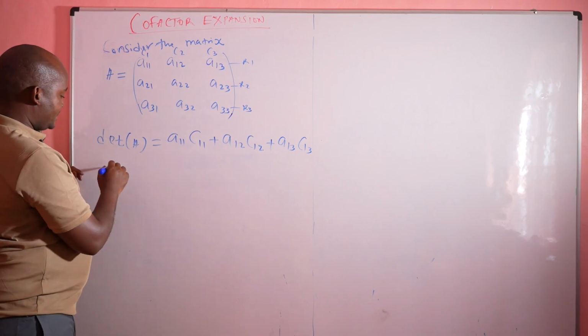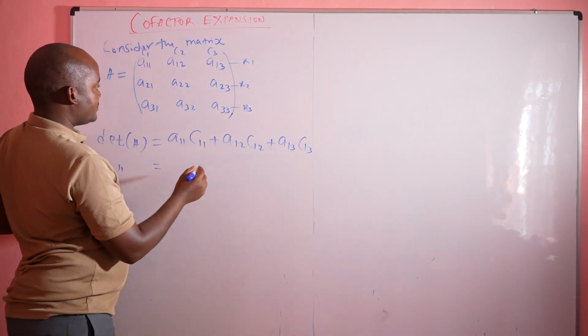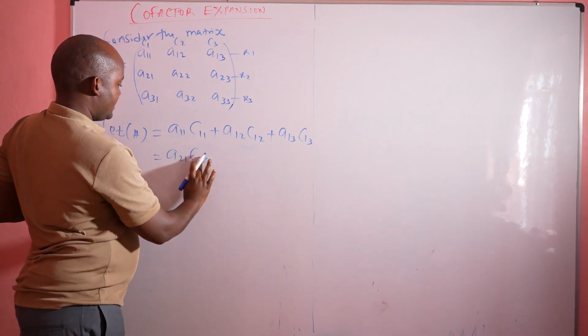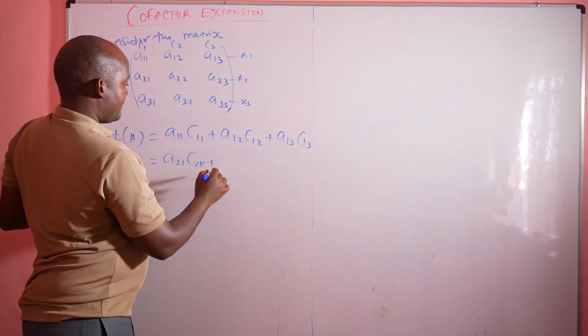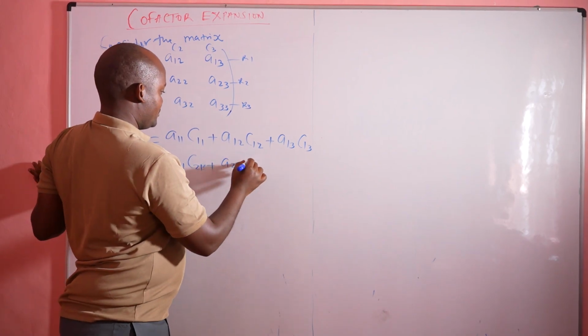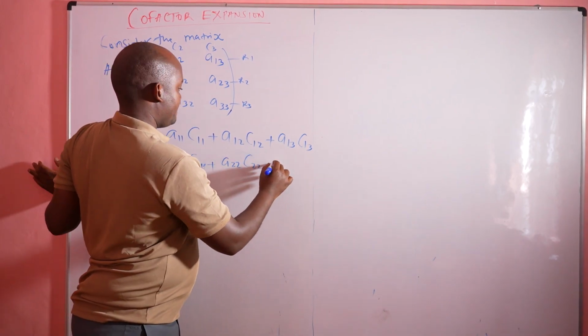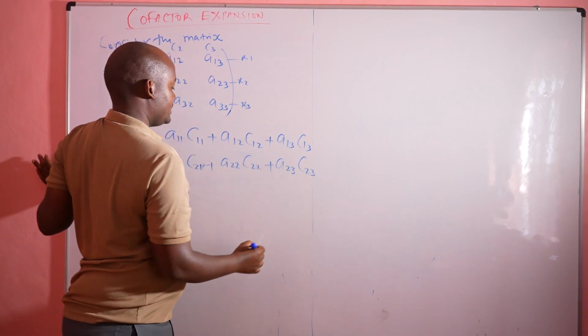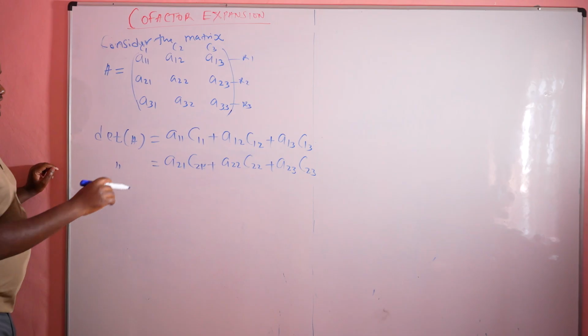You can also compute it along row 2. This will be A21 multiplied by C21 plus A22 multiplied by C22 plus A23 multiplied by C23. And this applies to any column as well.